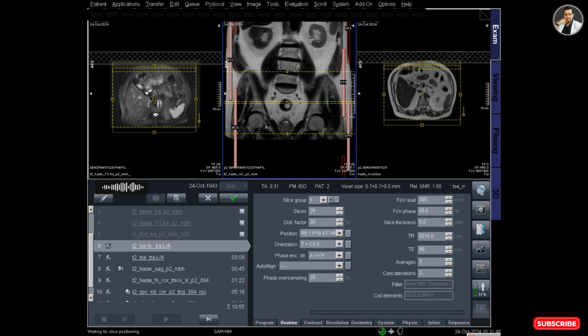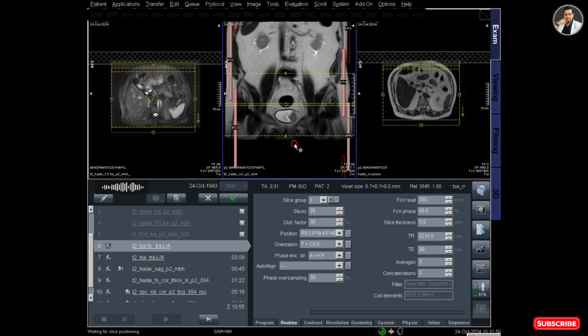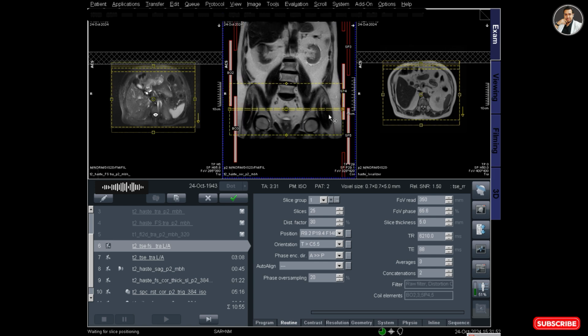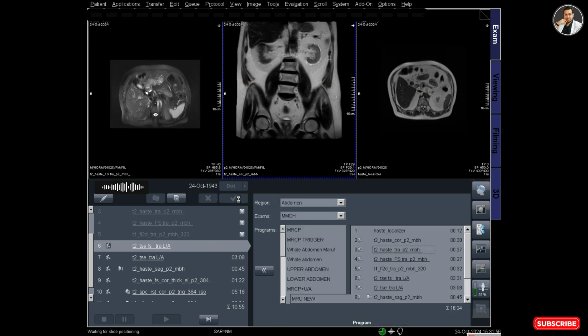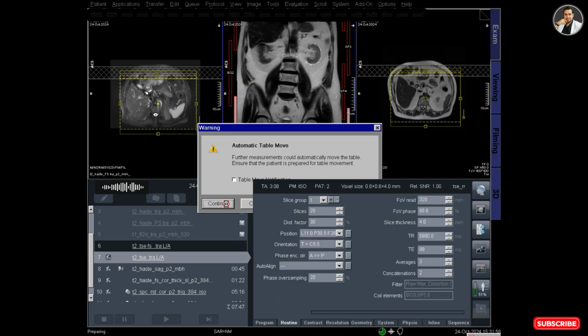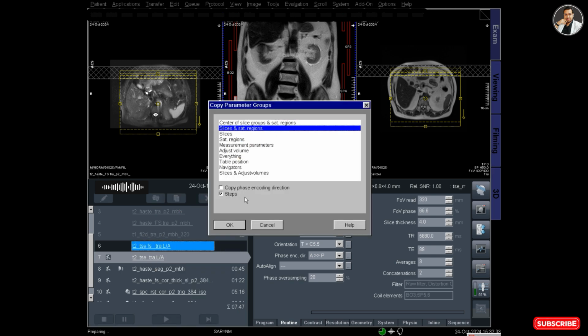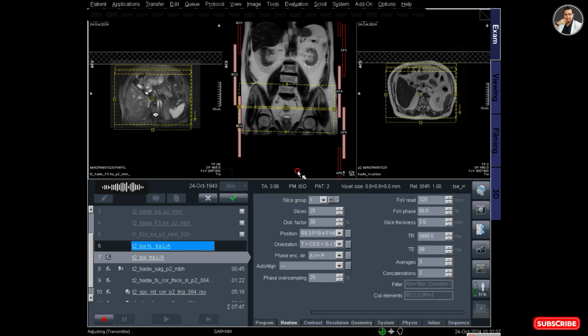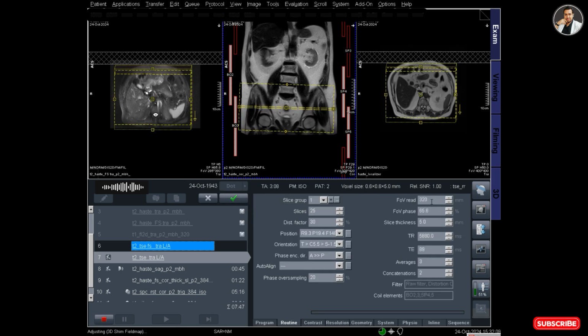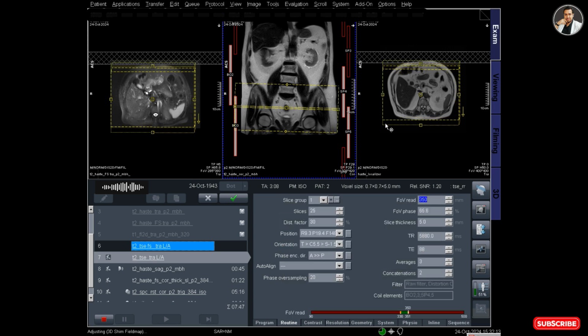By changing the image, I am checking that the slices are perpendicular to the pelvic bones and spine, and then click apply, and then continue to confirm the table move, and copy the parameters for T2 axial. There are only two axial protocols for the lower abdomen.